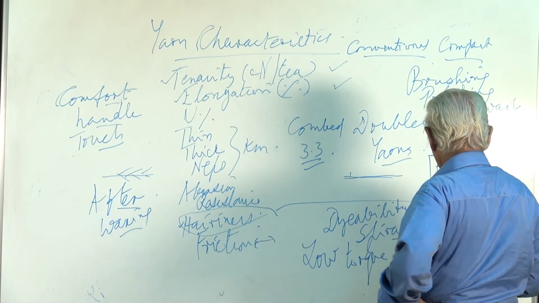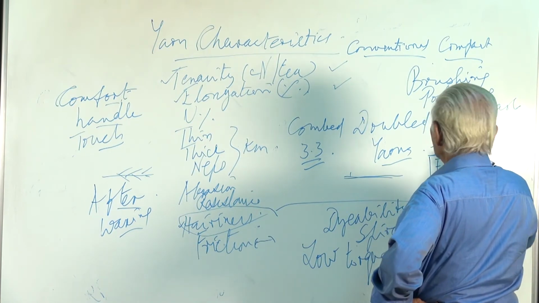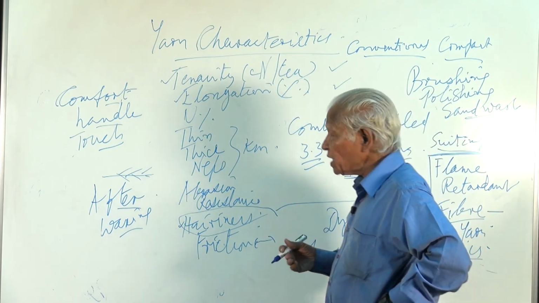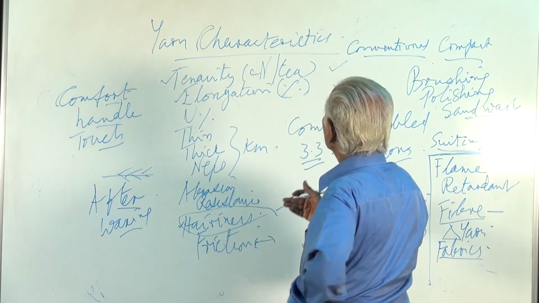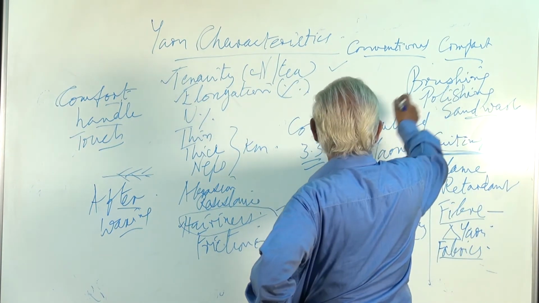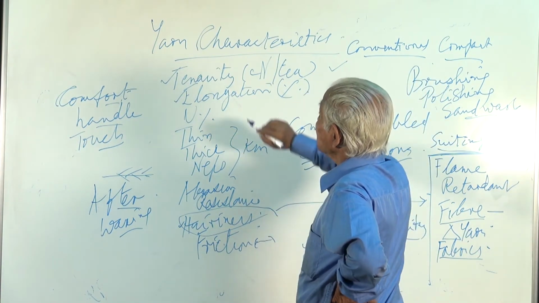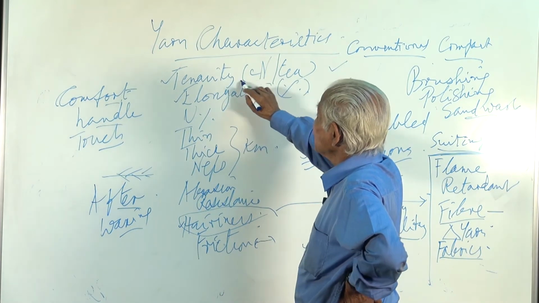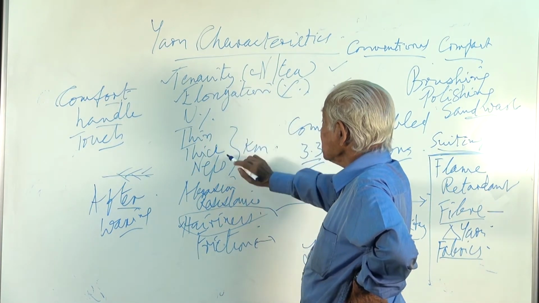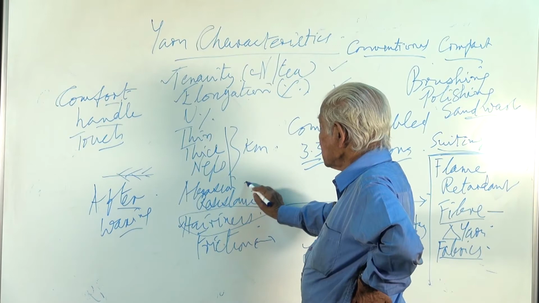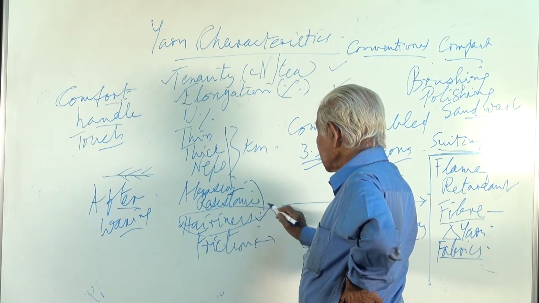So in fabric studies, we have talked about the various types of yarns, and coming to the compact yarns, in what way a compact yarn is superior when compared to a conventional yarn in terms of tenacity, in terms of elongation, in the imperfections, in abrasion resistance, also in hairiness.